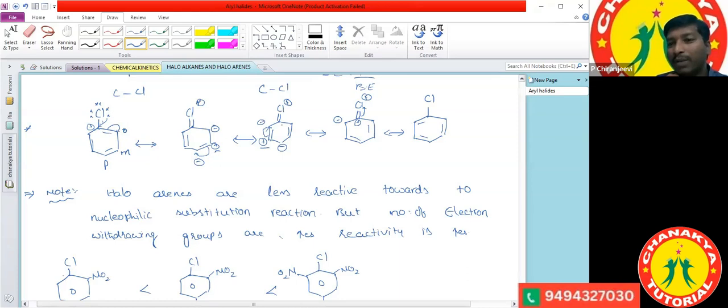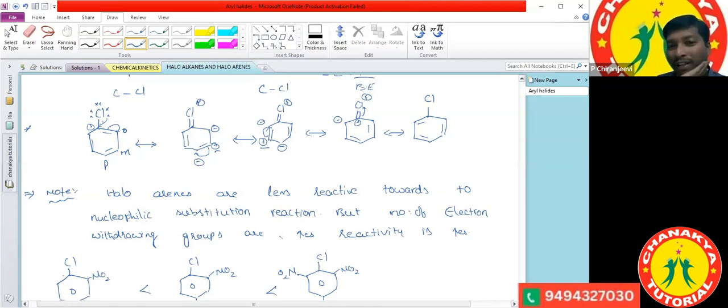The electrophile is nothing but a positively charged ion only. Like charges have repulsion, unlike charges have attraction. In the resonance structure, electron density is more at ortho and para positions. So due to that reason only, electrophilic substitution reaction will take place at ortho and para positions only.